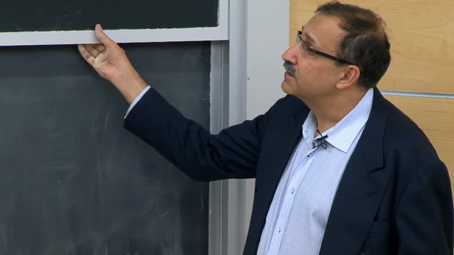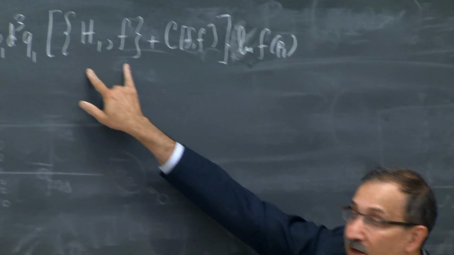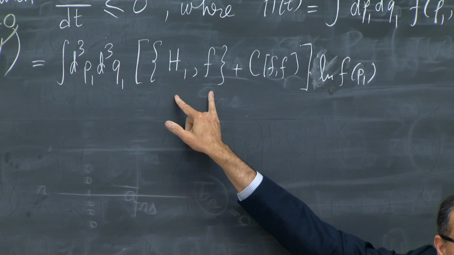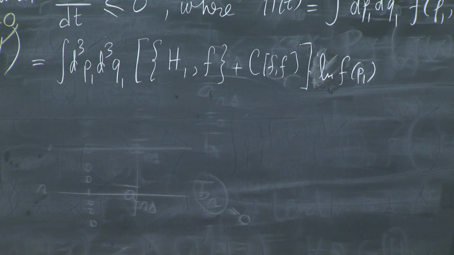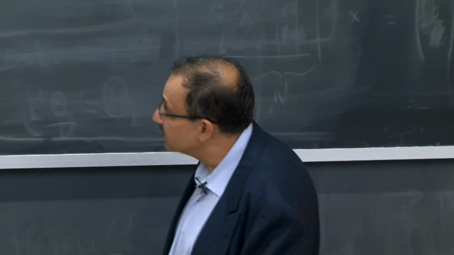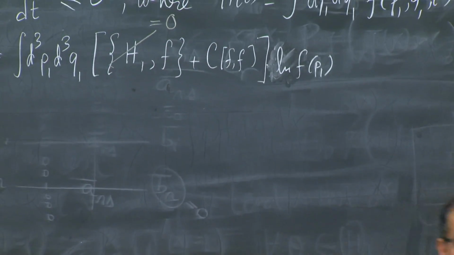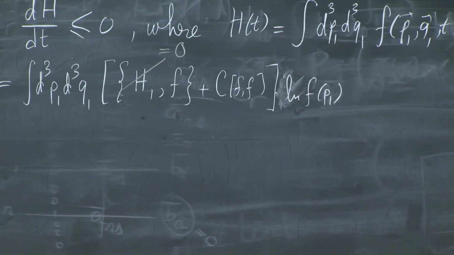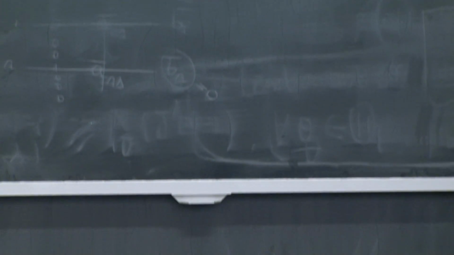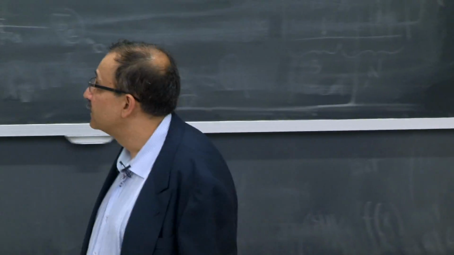And the next thing that we did at the end of last lecture is that typically when you have an integral of a Poisson bracket, by doing some combination of integrations by parts, you can eventually show that this contribution is 0. And really, the important thing is the integration against the collision term of the Boltzmann equation.